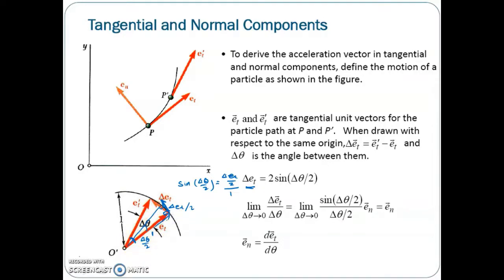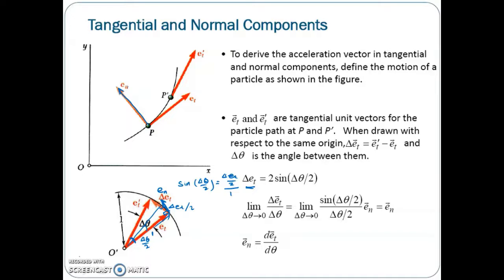Here we call this our e_n, the normal component, the vector in the e_n direction. This e_n is similar to what we have seen here, which is perpendicular to our e_t when delta theta is approaching 0.